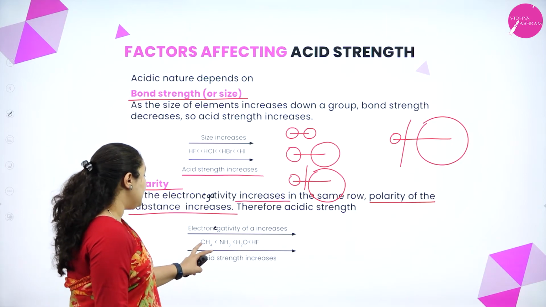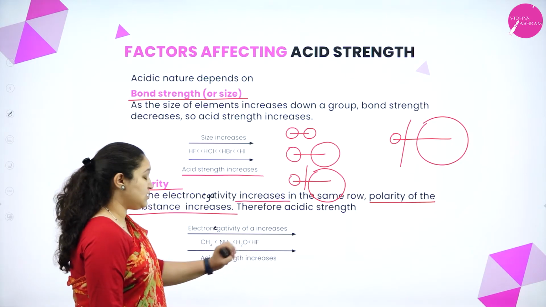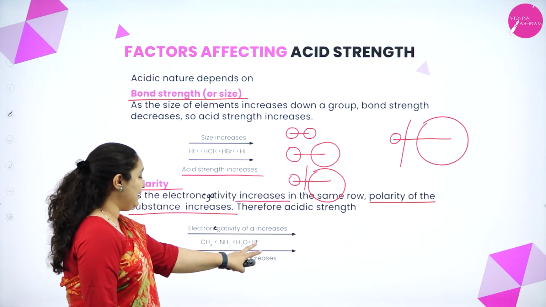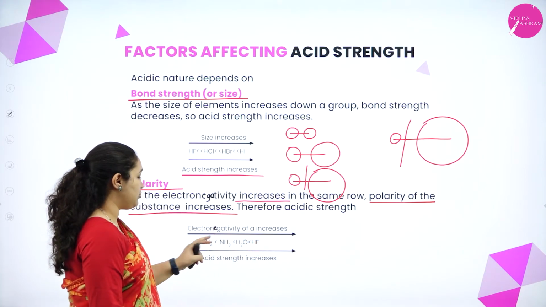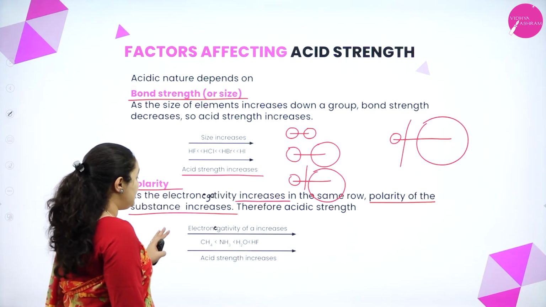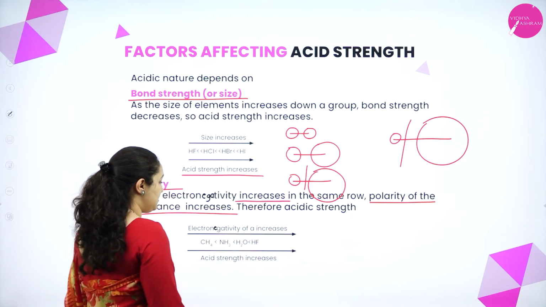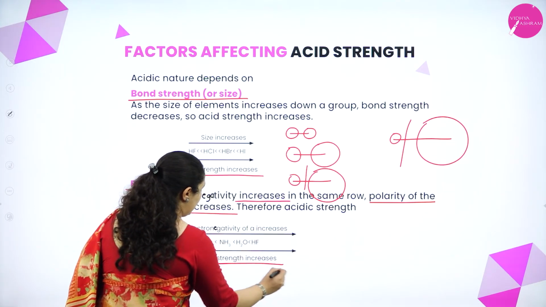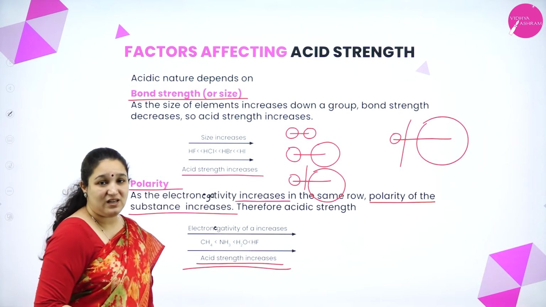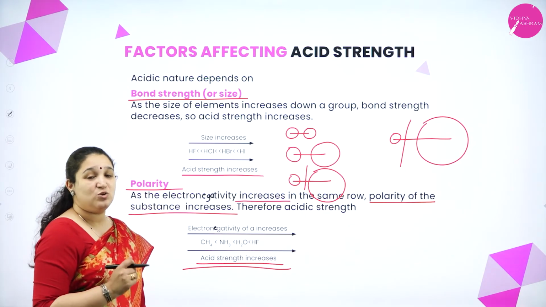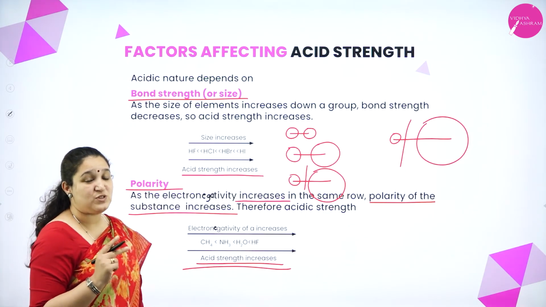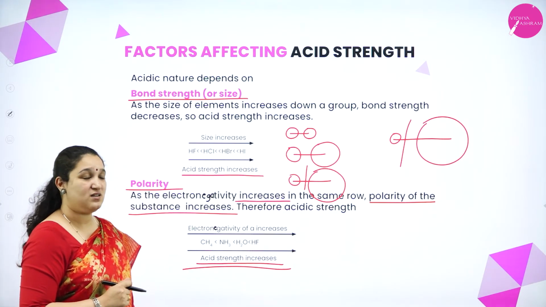You can see here carbon, nitrogen, oxygen and fluorine. Fluorine is highly electronegative compared to oxygen, nitrogen and carbon. So as the electronegativity increases, acid strength also increases. Okay, so that's about the two factors which are affecting the acidic strength.